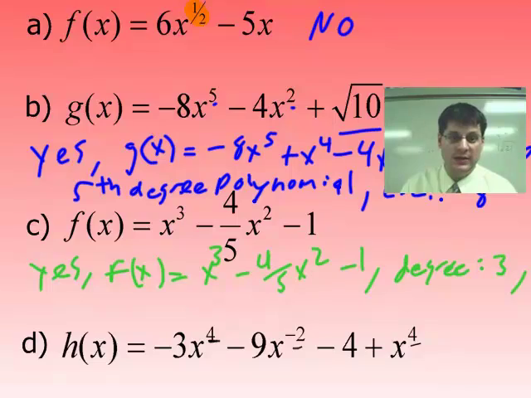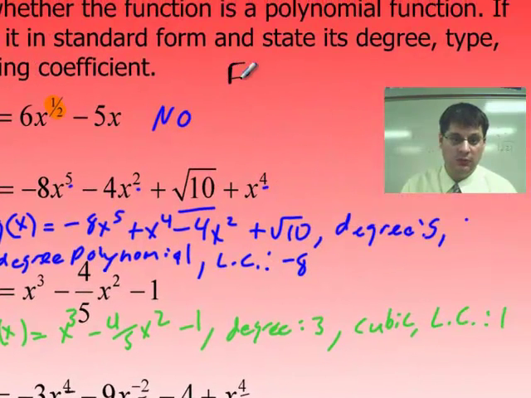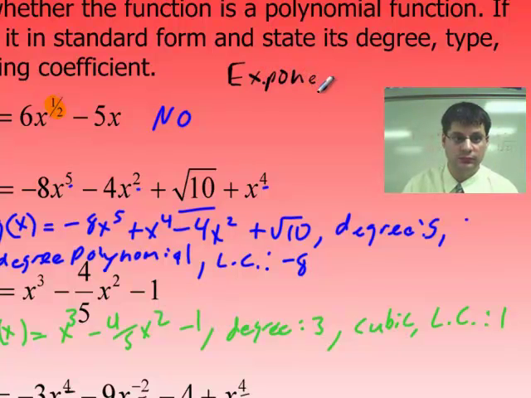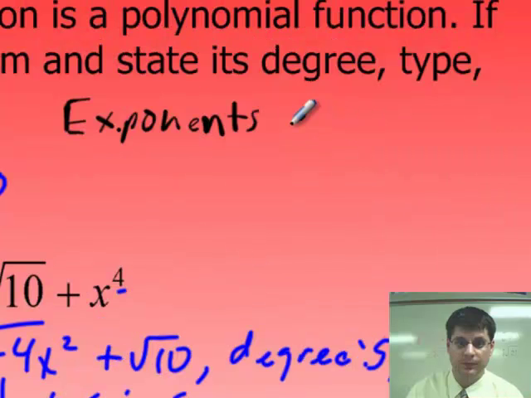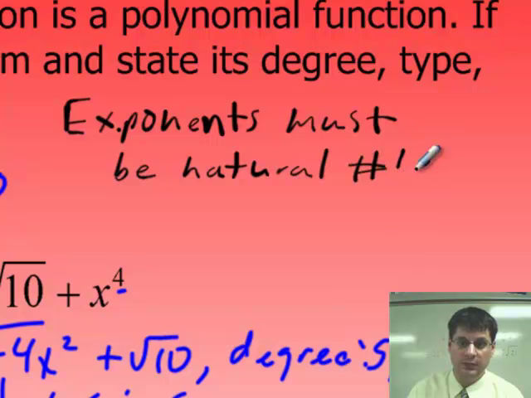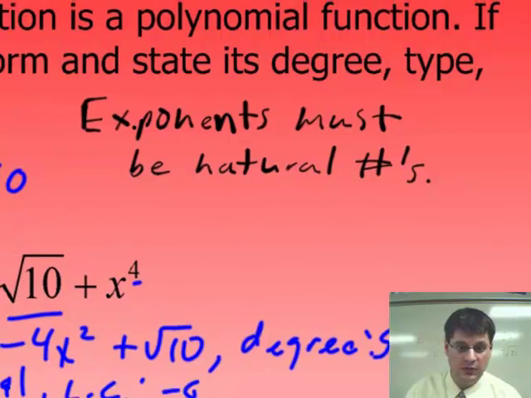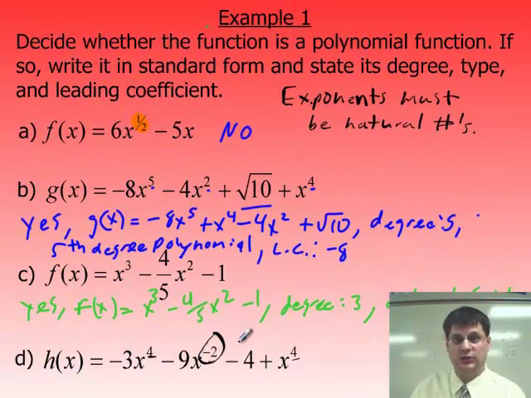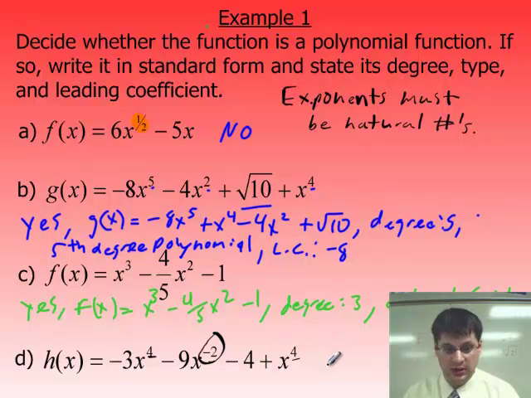But remember that the exponents, let's make note of this, exponents must be natural numbers in order to be a polynomial. Well, the -2 here is not a natural number, so this one would not be a polynomial.